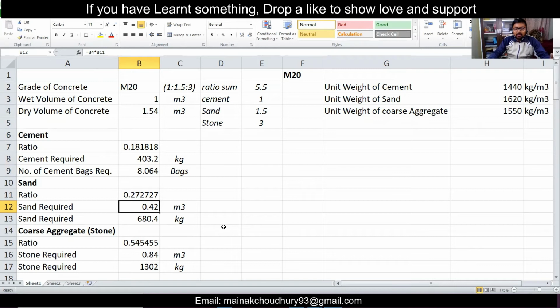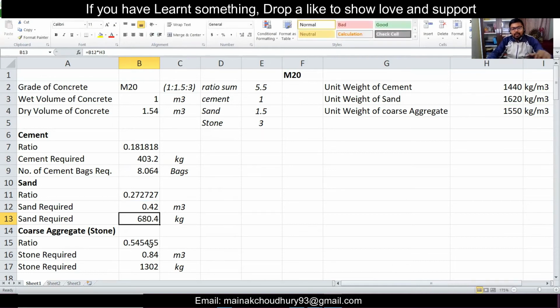So actually the volume of sand or coarse aggregate is required, but in some cases, for example in batching, if you have to mix by kg, you require the weight. Then you can simply multiply the volume of sand required by the unit weight, which is 1620 kg per meter cube, and we'll find it in kg.